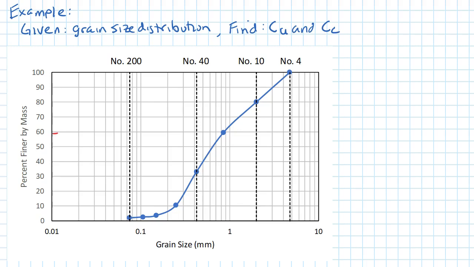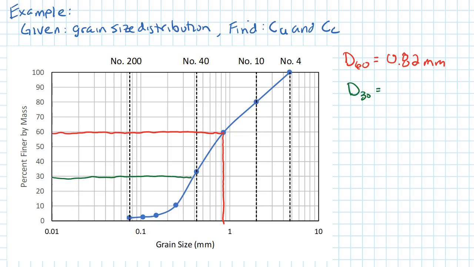First, we'll find the 60% finer by mass grain size. We draw a horizontal line from the 60% finer by mass, and then a vertical line to figure out what that grain size is. And that grain size, D60, is approximately 0.82 millimeters. We'll do the same thing for D30 and D10.